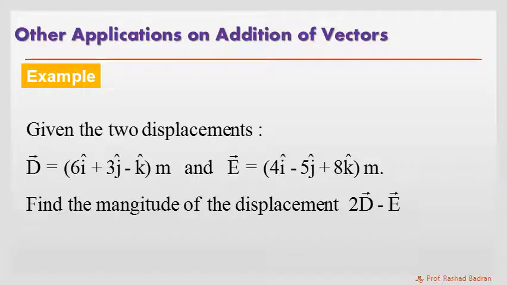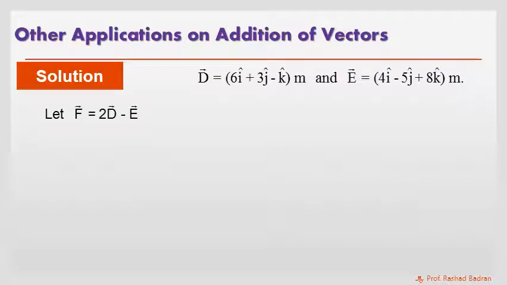Given two displacements, d equals 6 i hat plus 3 j hat minus k hat meters, and the second displacement called e equals 4 i hat minus 5 j hat plus 8 k hat meters. Find the magnitude of the displacement 2d minus e. To find the addition of these vectors, let's call 2d minus e equals f.